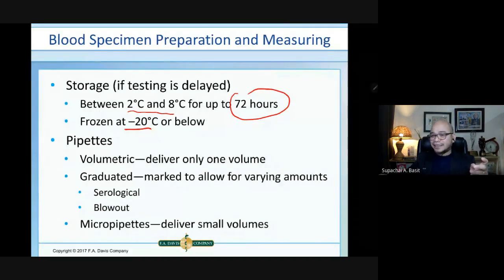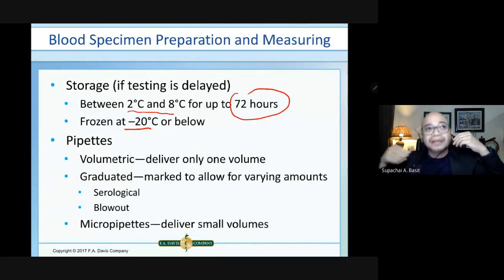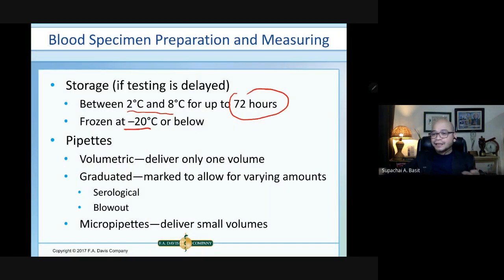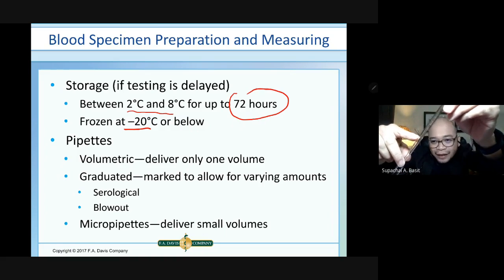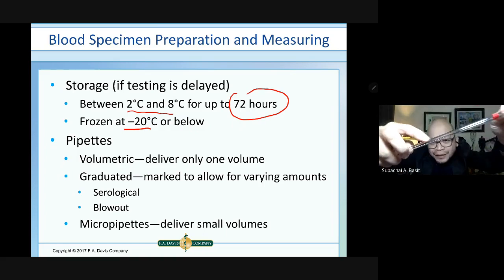You will be using an aspirator valve. And if you will be aspirating, the liquid is supposed to go up to the marker here. I hope you can see the marker.